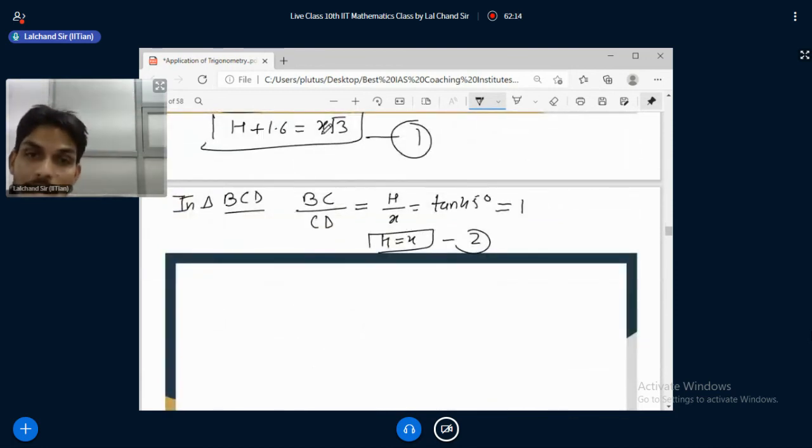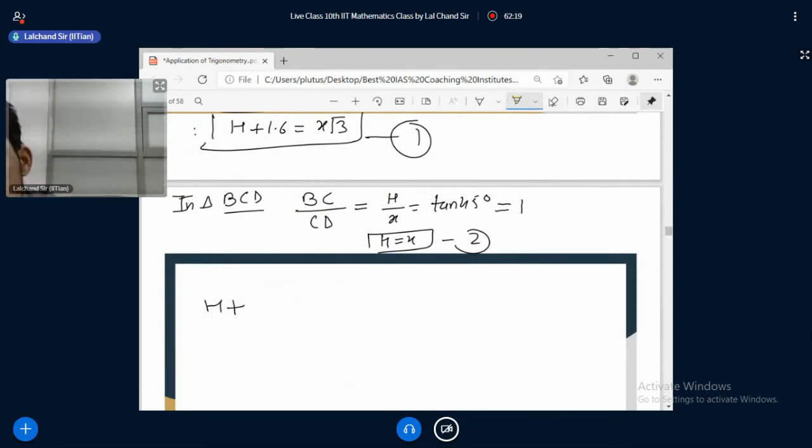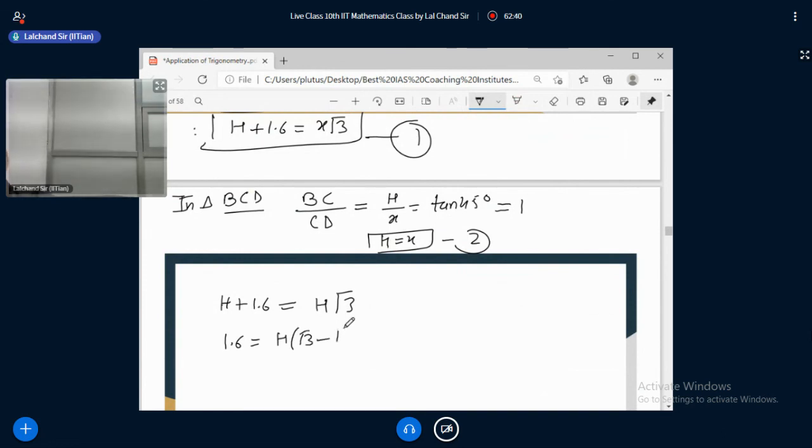If we substitute the x value in this equation, finally we have h plus 1.6 equal to h root 3, in place of x we substitute h because h is equal to x. If we simplify, we have 1.6 equal to h into root 3 minus 1.